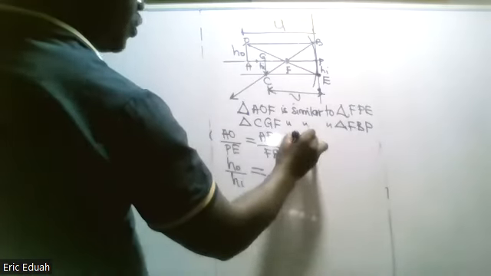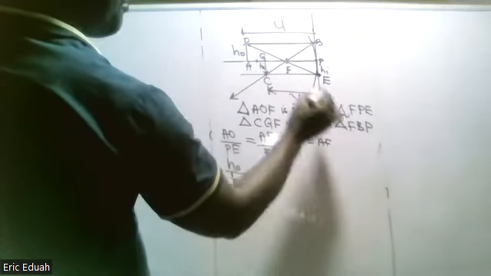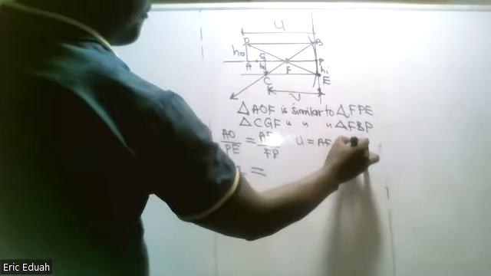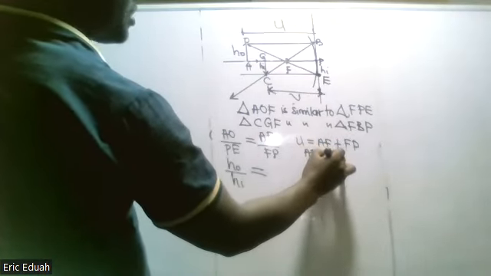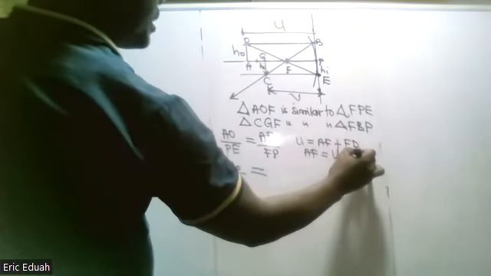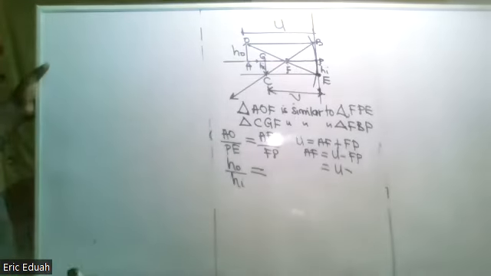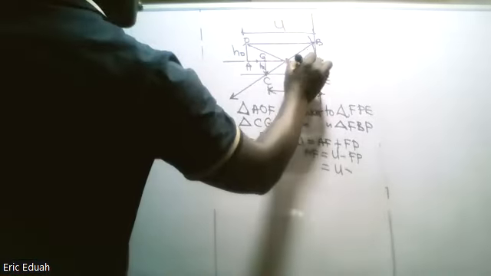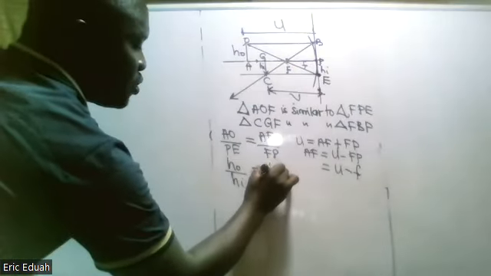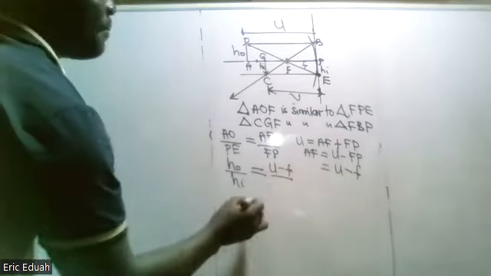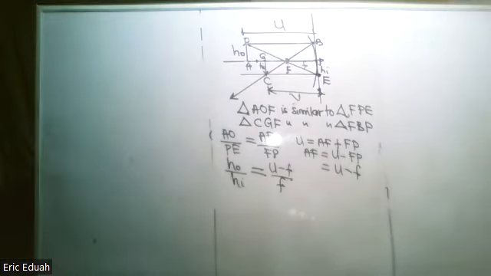So U is equal to AF plus FP. We are looking for AF. So AF is equal to U minus FP. FP is the focal length, F. So minus F. So this becomes U minus F over F because FP is the focal length.